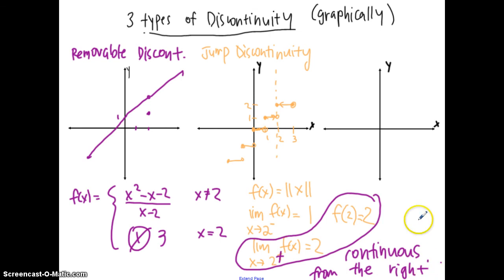Now the last kind of discontinuity is maybe f of x equals 1 over x, something that looks like this.